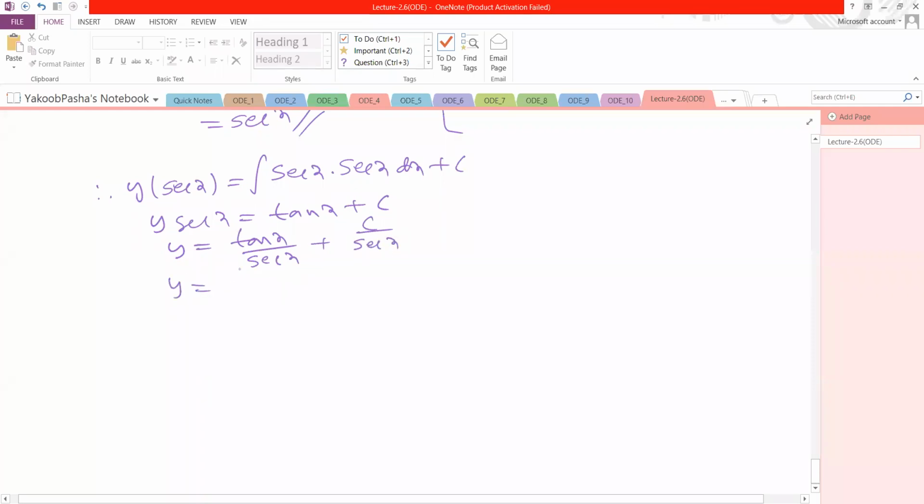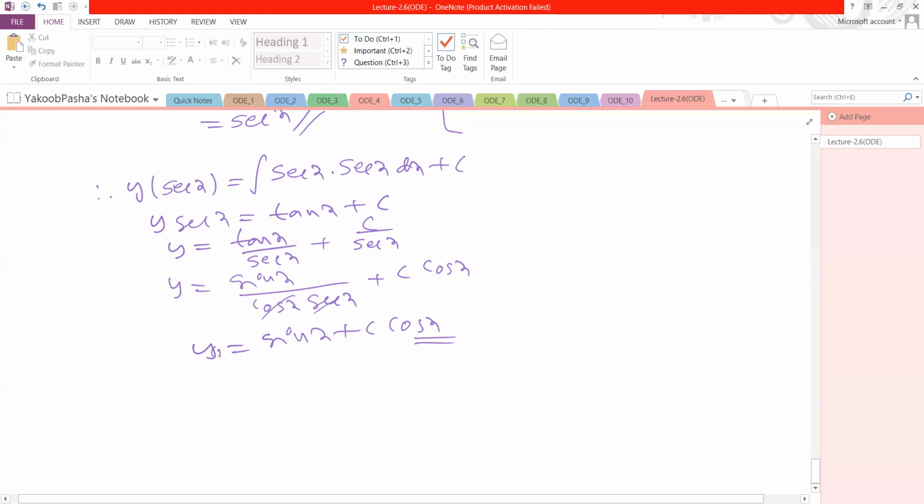And y is equal to tan x, nothing but sin x by cos x, already here secant x is there, plus c into 1 by secant x, which is cos x. Cos x into secant x is 1. So these two are cancelled, y is equal to sin x plus c into cos x. This is the general solution.